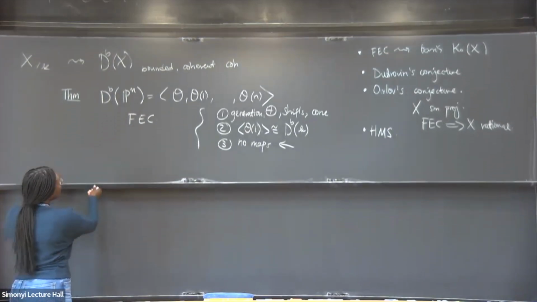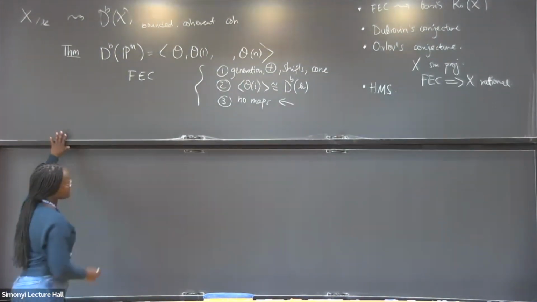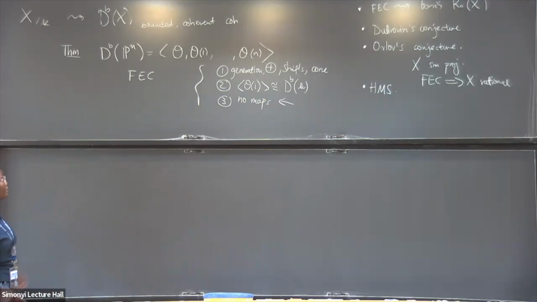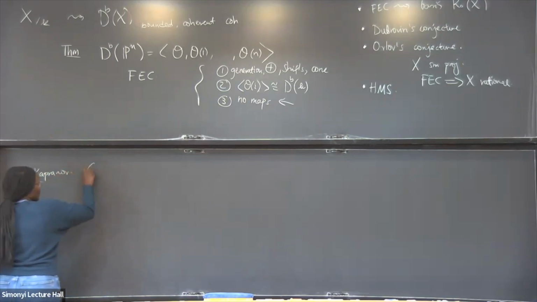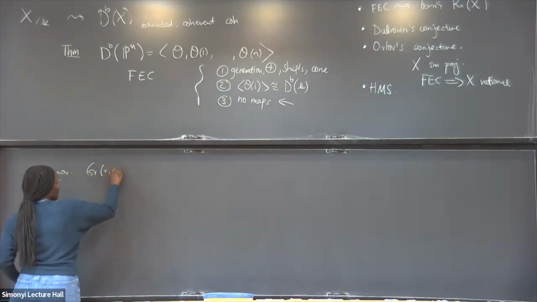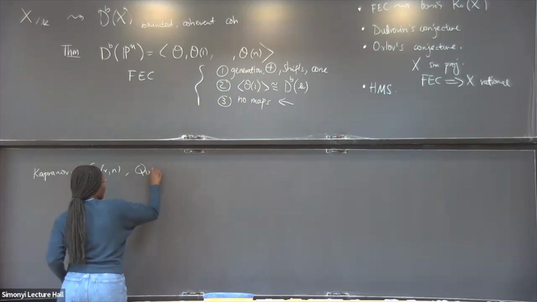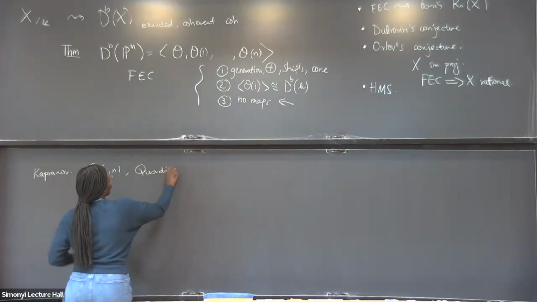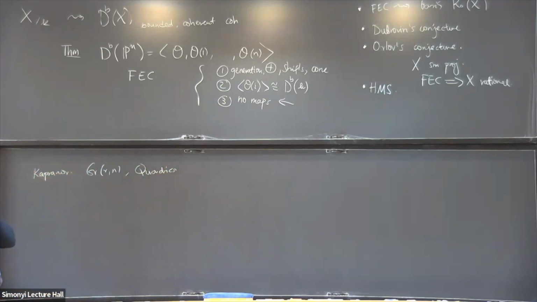Immediately after this result on Pn, Kapranov showed that Grassmannians and quadrics have a collection like this consisting of vector bundles. And there are some more sporadic examples for other types of homogeneous varieties.